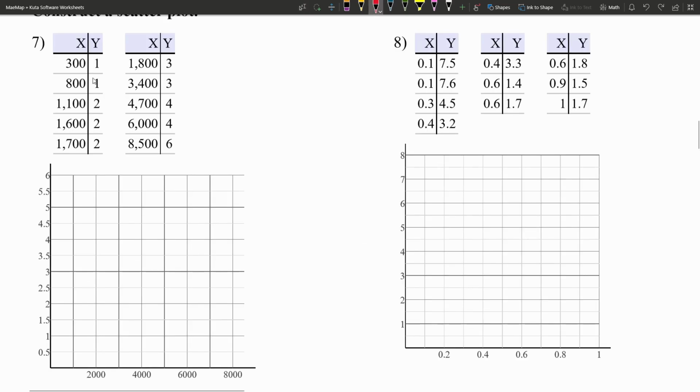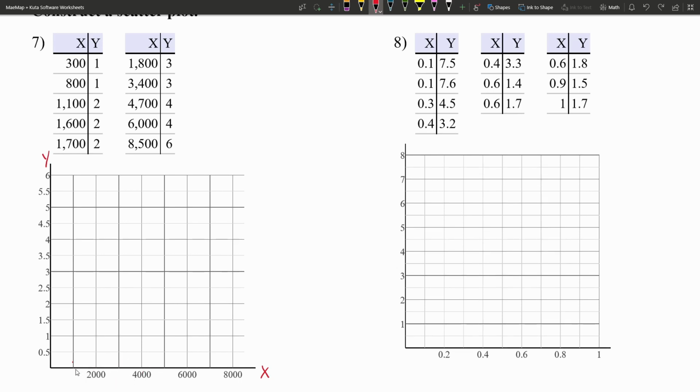So in number 7, our first point is 300 in the x and 1 in the y. So this is our x-axis here, and this is our y-axis here. So we need to find 300 in the x, which, looking at our intervals, we're counting each line by thousands. So this is 1,000 here, 2,000, 3,000, 4,000, and so on.